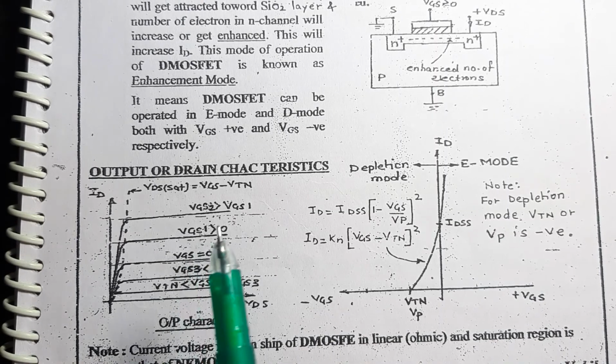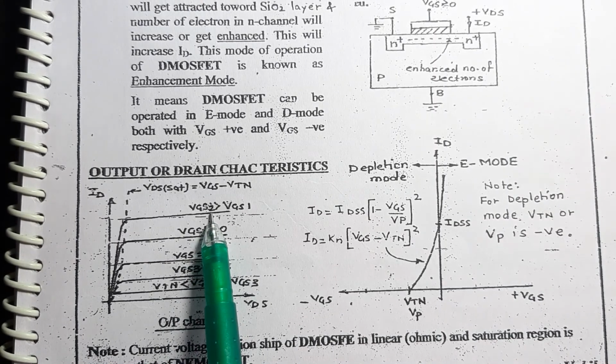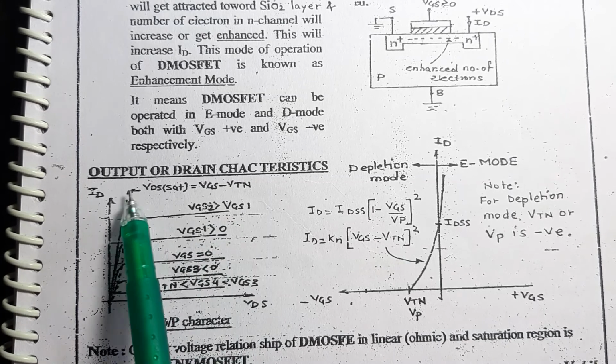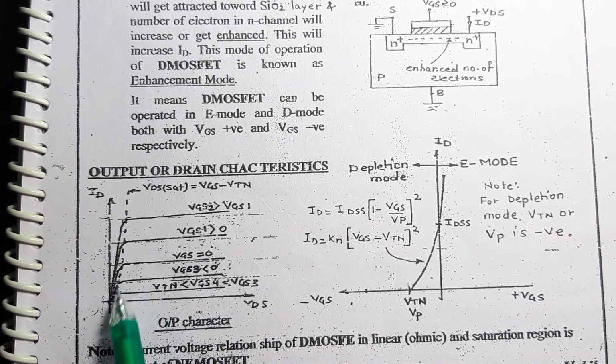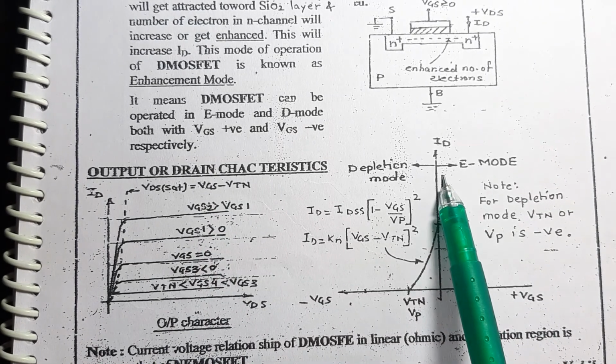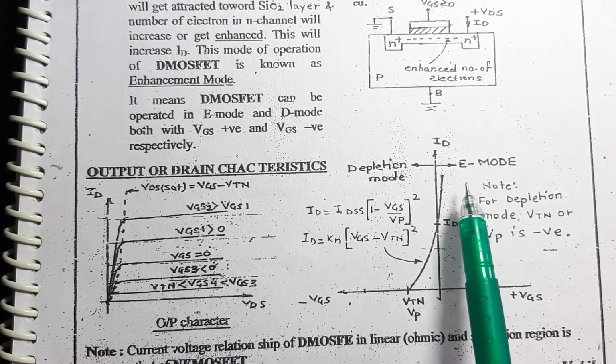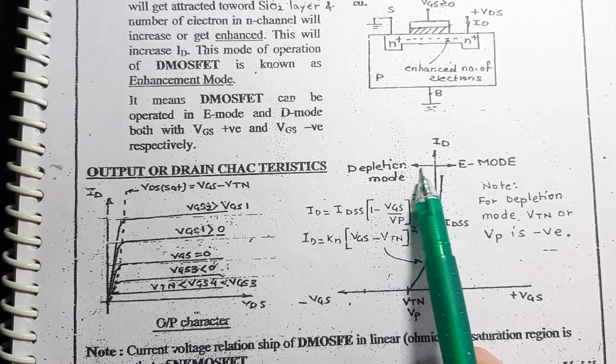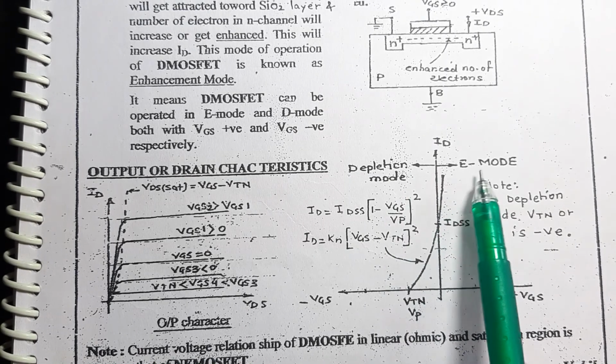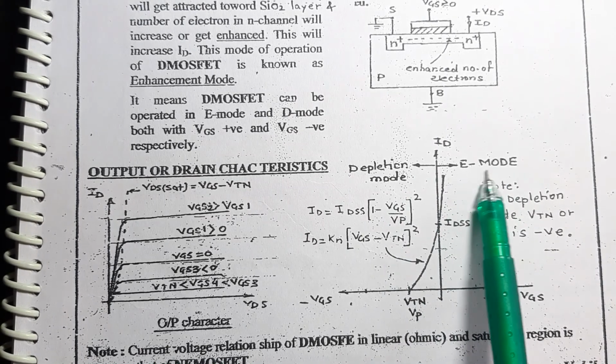Then over here it is greater than 0, and over here it is greater than the first part. Now this line over here indicates your saturation voltage VDS sat, which is given by VGS minus VTN. Now over here, if you plot the transfer characteristics, then if you look carefully, over this side it is being operated in the D mode, and over here it is being operated in the E mode.